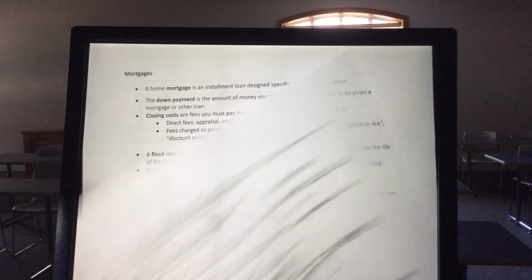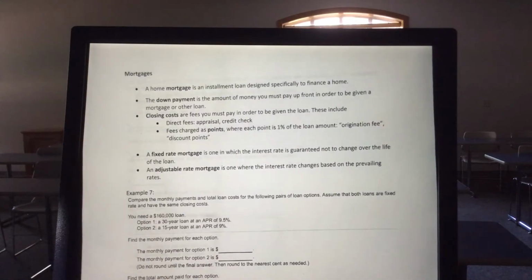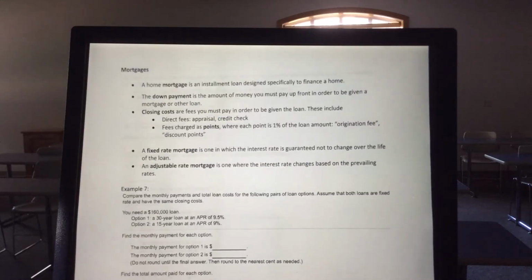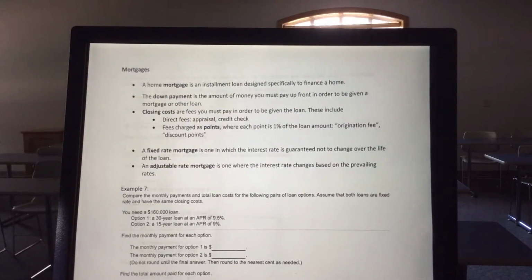Okay, now let's talk about mortgages. A home mortgage is an installment loan designed specifically to finance a home. Now, there is a down payment, which is the amount of money you must pay up front in order to be given a mortgage or other loan. We also have something called closing costs.